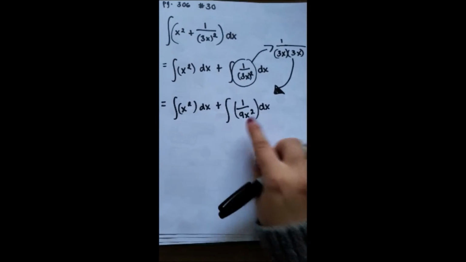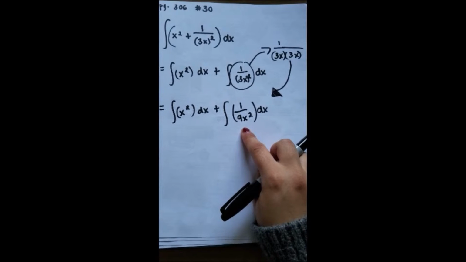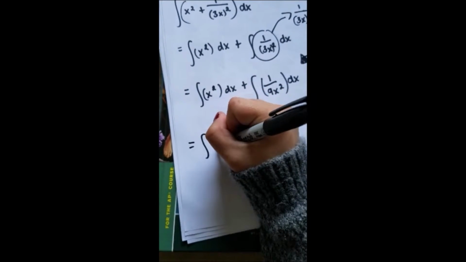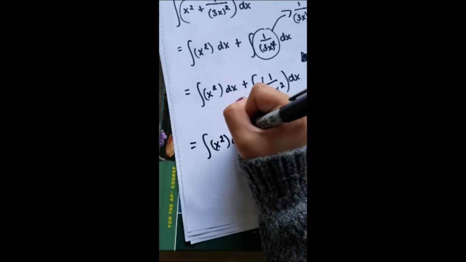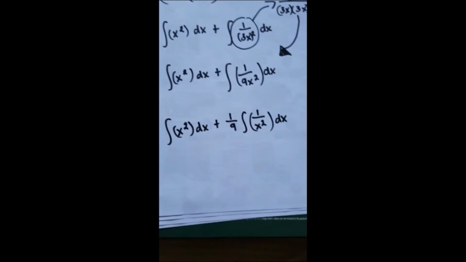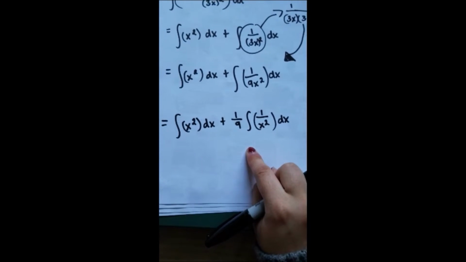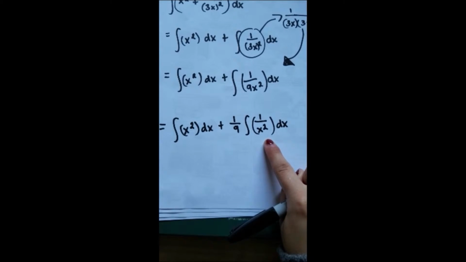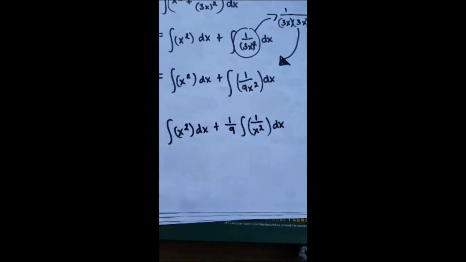And then from there, you see you have a constant right here, 1 over 9. So you can go ahead and take that out. And then you get this. And you see you have 1 over x squared right here, which is kind of hard to integrate because you don't have a rule for that.